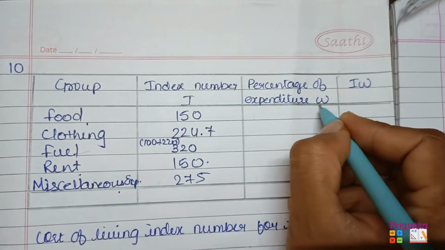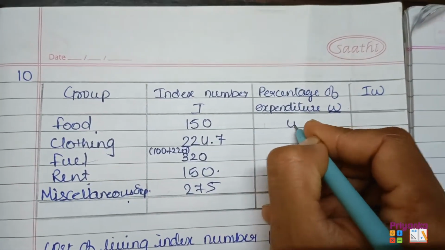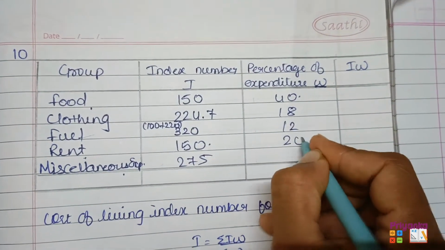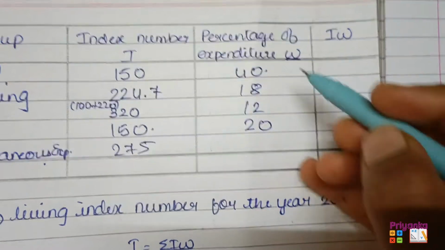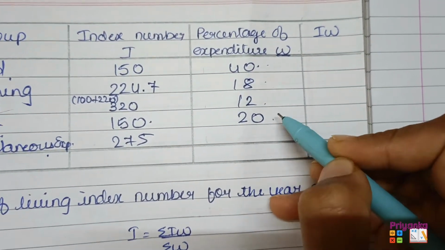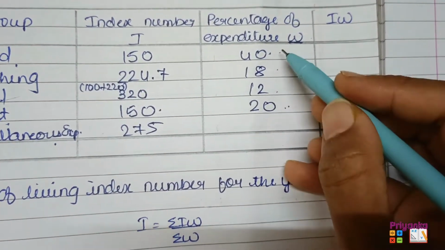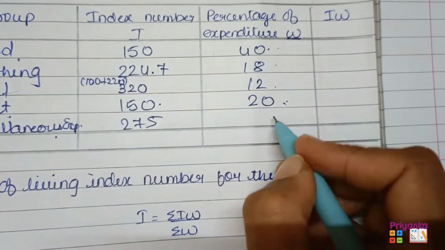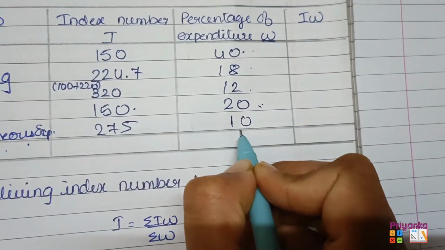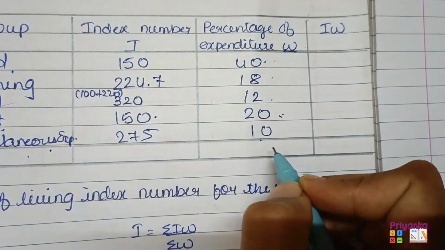Here the percentage of expenses will be taken as the weight: 40, 18, 12, 20. After taking the percentages, get the total, 40 plus 18 plus 12 plus 20. You will get the expenses are 90 out of 100. So the remaining balance will be 10 for the miscellaneous expenses as the weight. This is how you have to find out.